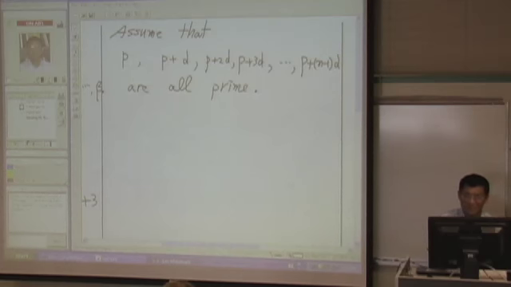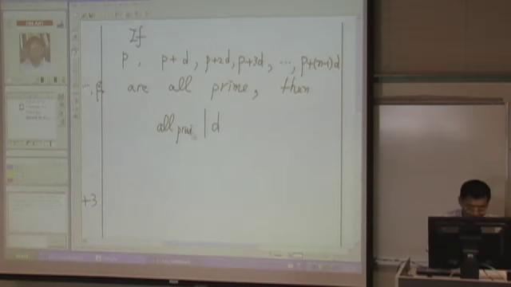Assume that is used for a little bit different purpose. So I will say just if, right? If might be enough, because assume that is used for the contradiction proof part, right? So if all are prime, then D is divisible by all prime numbers, or previous prime numbers, less than n.